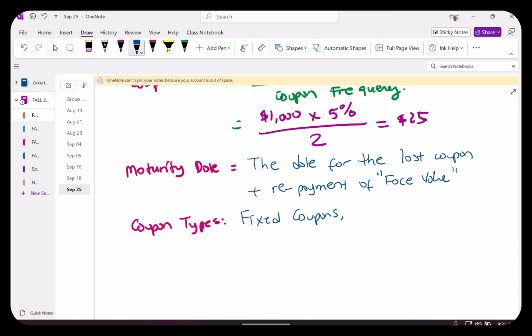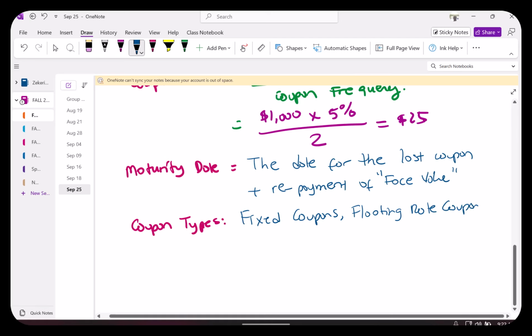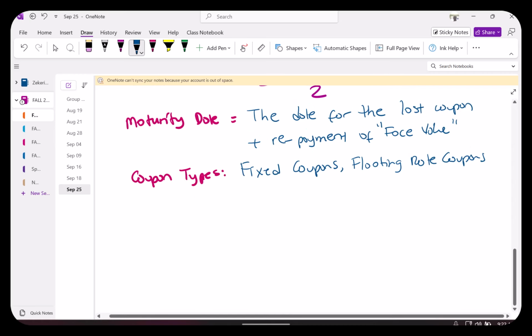Every coupon is $25, and that is set at the time the bond is issued. It does not change. You can have floating rate coupons, where the coupon rate actually depends upon some sort of reference index. Example of floating rate coupons.